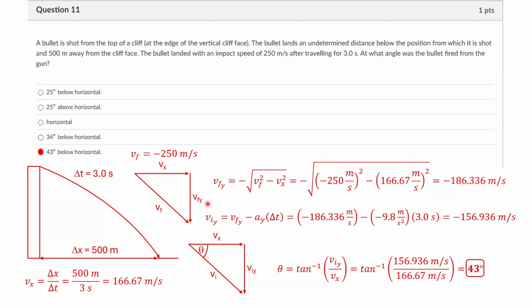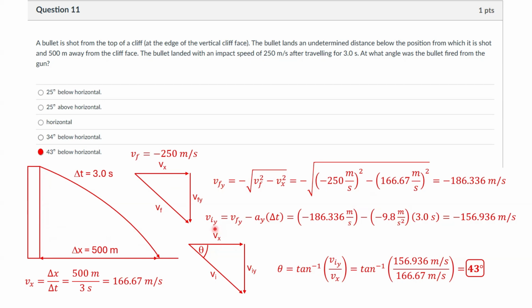So now that I know the final vertical component of velocity of my bullet when it landed, I can use that with my knowledge of how much time it traveled for to back out what its initial vertical component of velocity must have been. I do that leveraging the fact that I have a constant vertical component of acceleration of negative g while I'm in projectile motion, as the object will be in free fall.